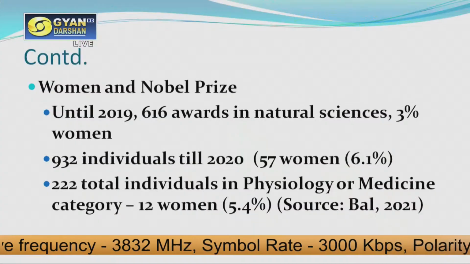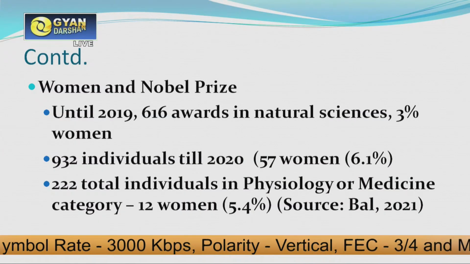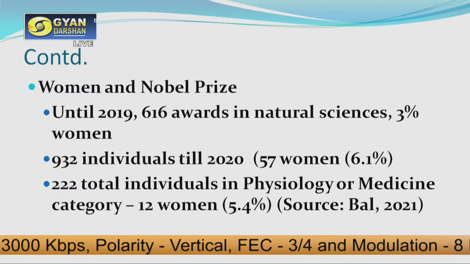And the intersectionality debates within science, the whole question of caste, race, sexuality, class, ethnicity, in the question of doing science and practicing science. So it is interesting data I thought we can discuss briefly, about women and the Nobel Prize.